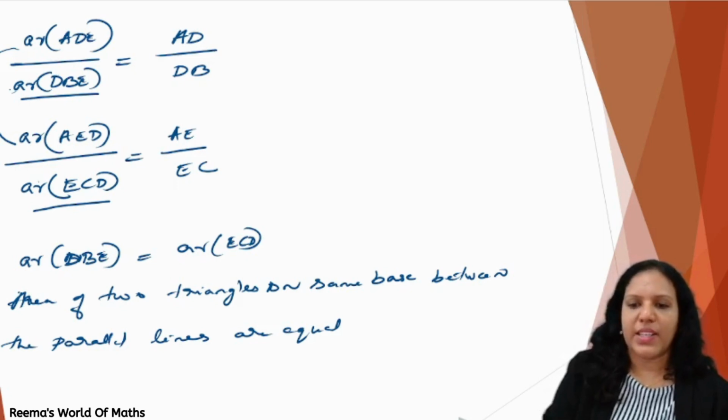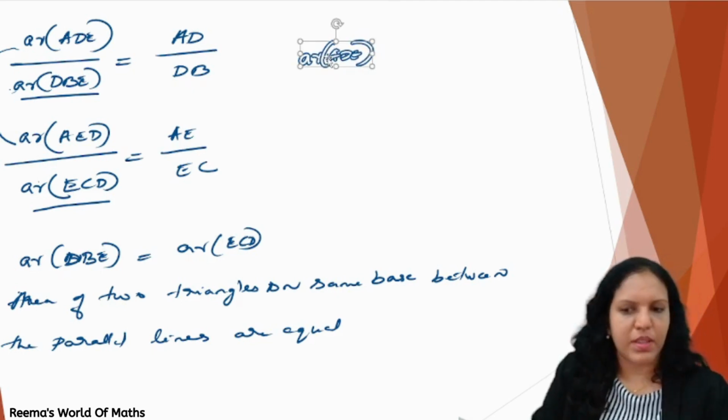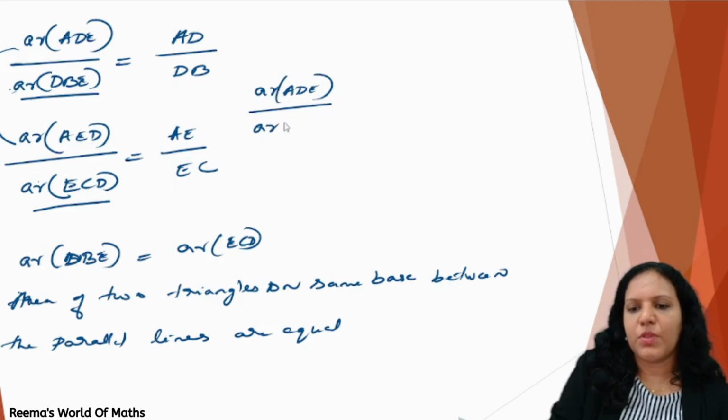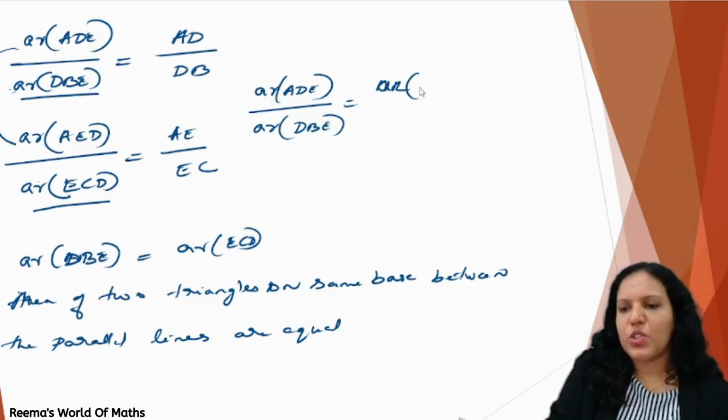So now we can write area of ADE divided by area of DBE is equal to area of triangle AED, which we have already proved.